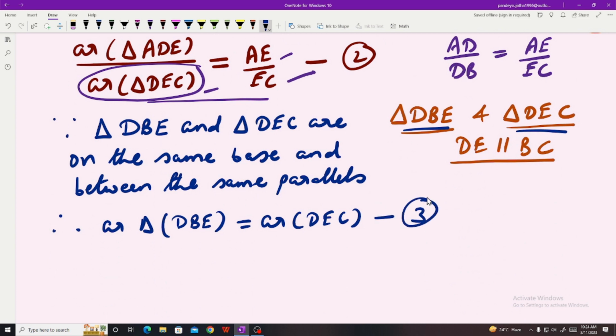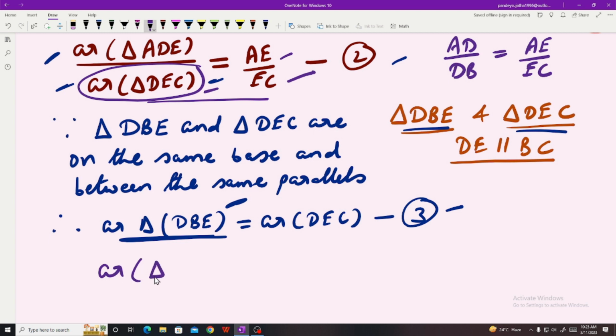Now just see the second and third equation. In the second and third equation, in place of DEC, I hope we can replace that with triangle DBE. So I'm replacing DEC with triangle DBE. So I'm writing the same equation again.